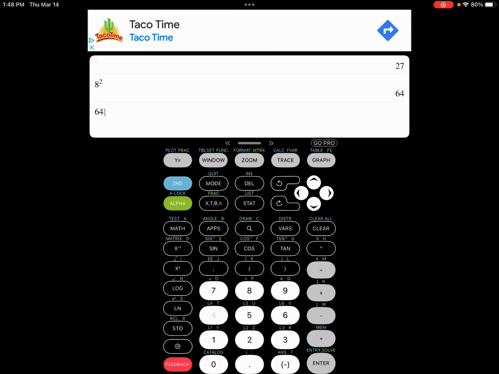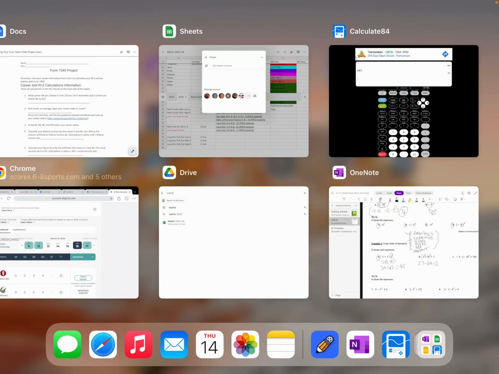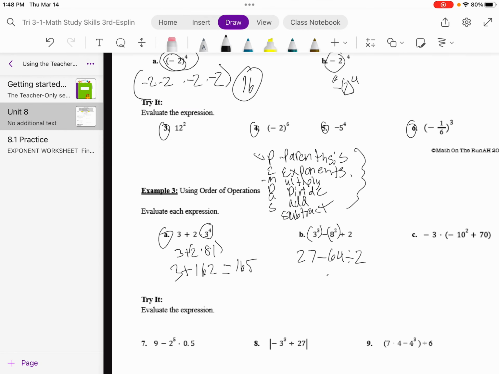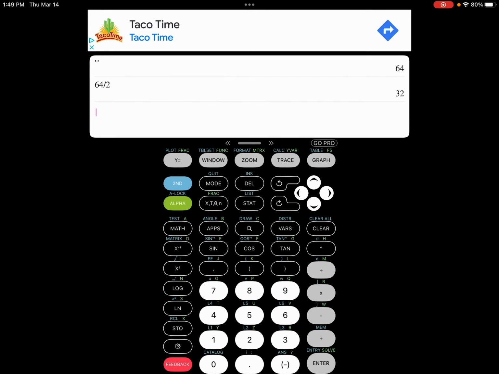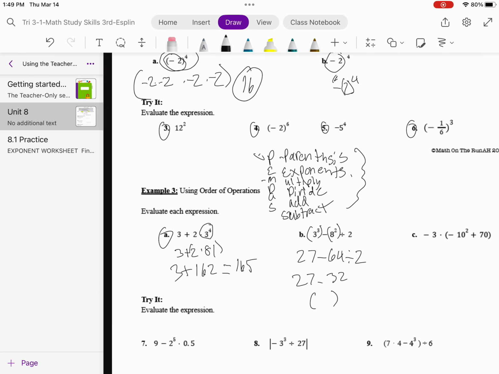You can put in your calculator. 64 divide 2 is 32. 27 minus 32. Put in your calculator. 27 minus 32. So your answer for that one is -5.